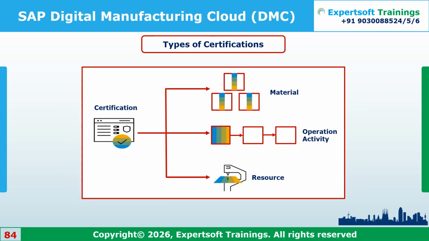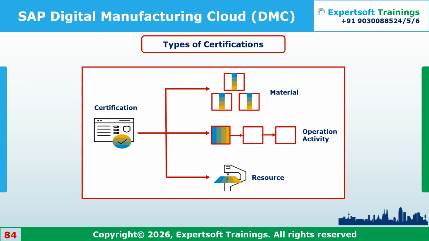Just to ensure the exact person is performing the activity, we define the certificates. The certificates can be for a specific material, operation, or a resource. Only the user to whom the certificate is assigned will be able to execute that operation or the SFC.